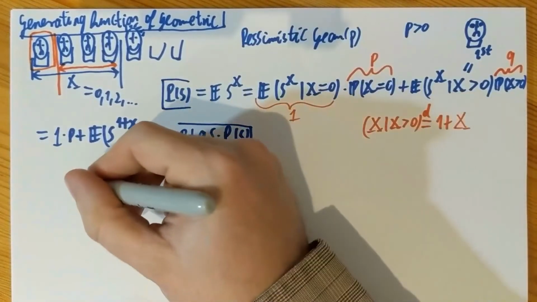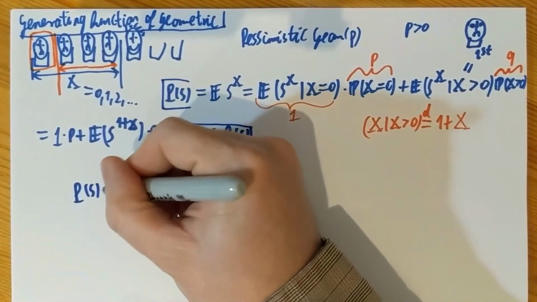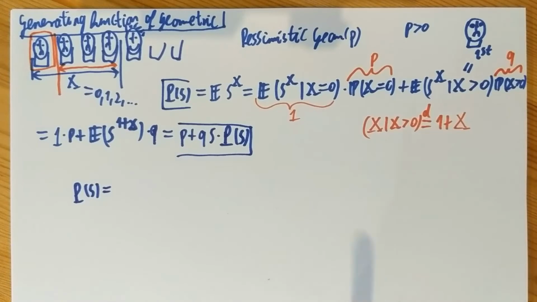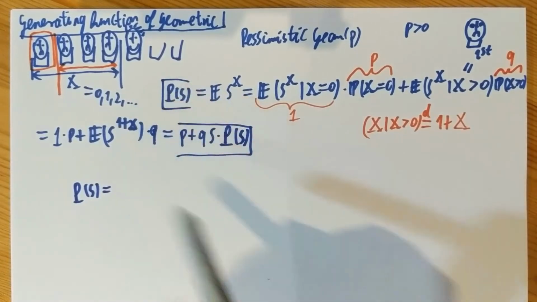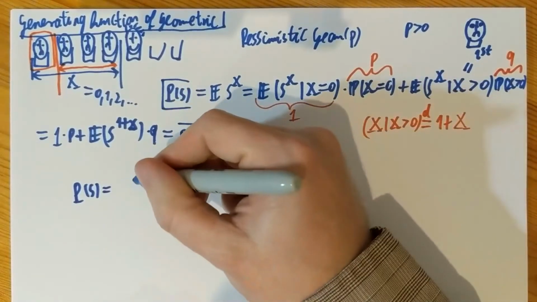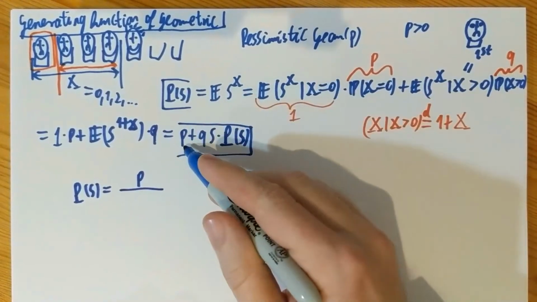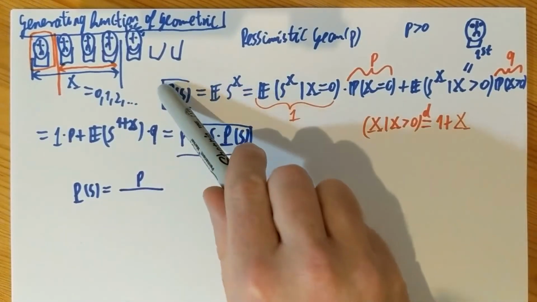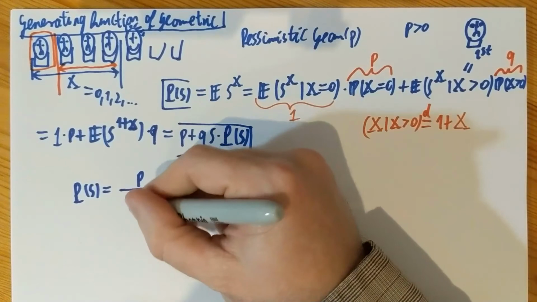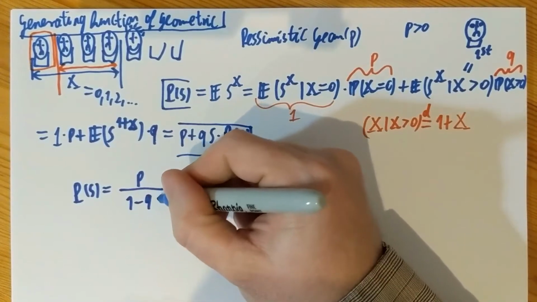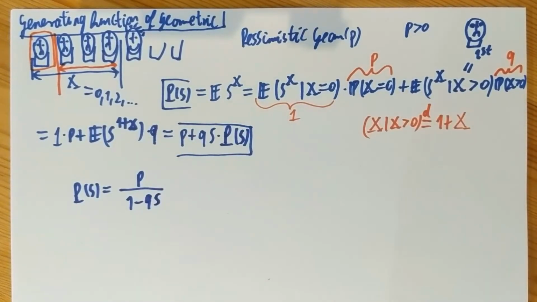I can solve it, and arranging all the G's to the left, on the left I have 1 minus Qs, and on the right I have the parameter P. That's my generating function for the pessimistic geometric.